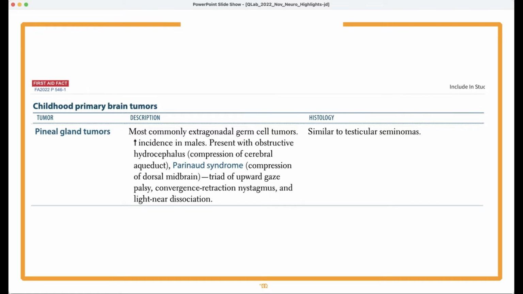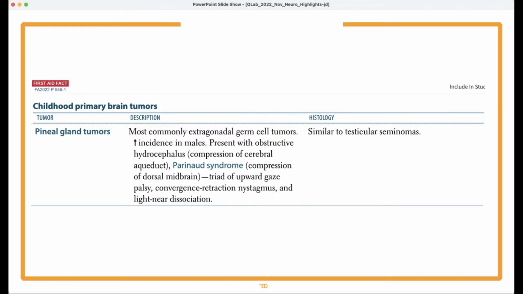You can see that pineal gland tumors are more common in males. They present with obstructive hydrocephalus because they can compress that cerebral aqueduct. And then you can get Parinaud syndrome, meaning you have upward gaze palsy and nystagmus as your primary findings there.